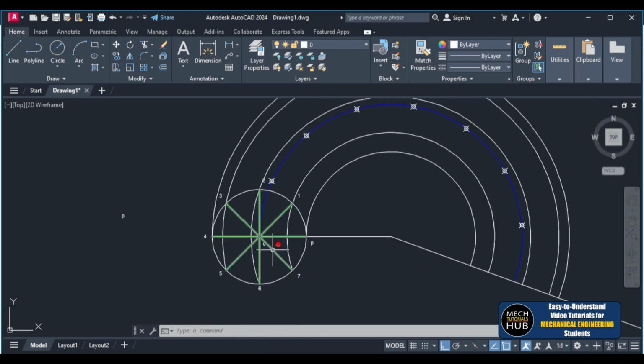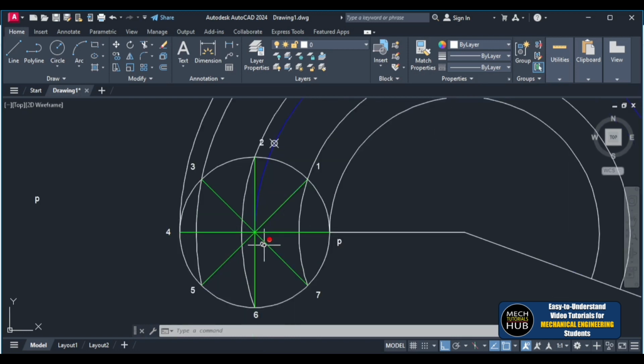Now let me take this C, I'll copy, and this is C1. I'll take a copy of it.